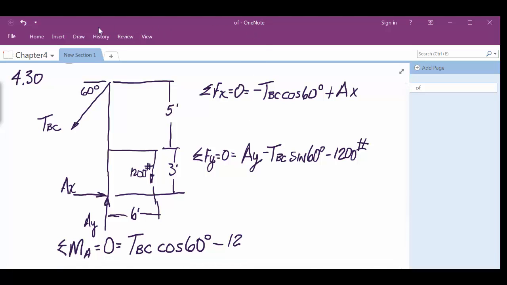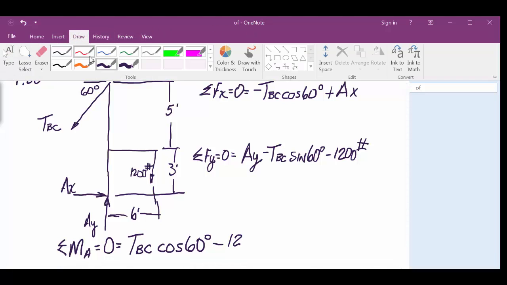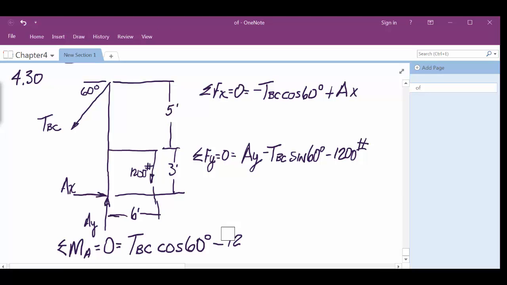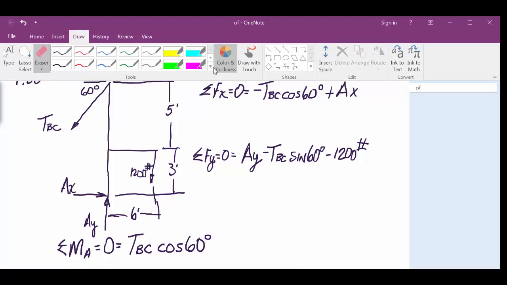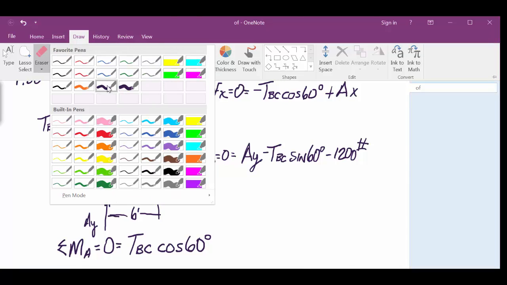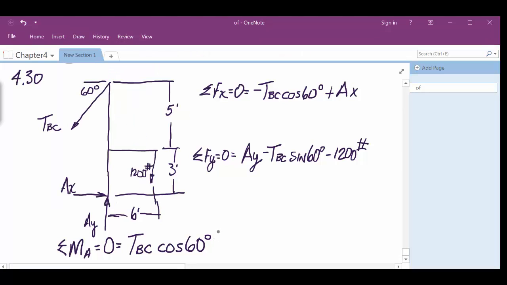Oh, excuse me. I left something out there, didn't I? Got a little bit of a hurry. Don't get in a hurry come test time. Distance, 8 feet. This is a moment, so you have to give a force and a distance.